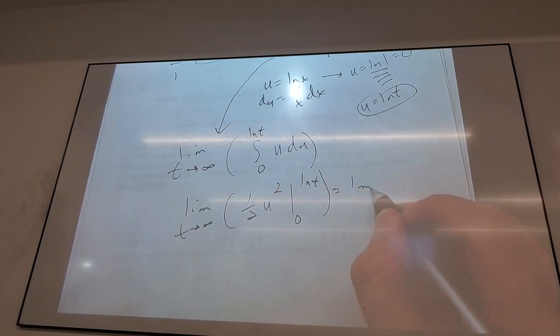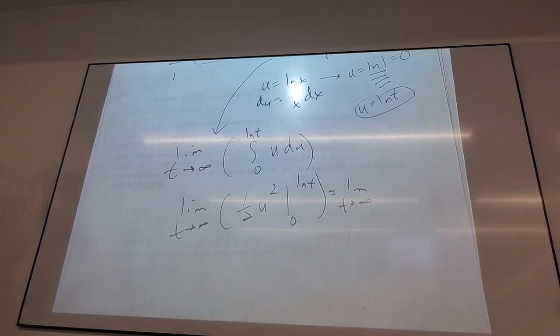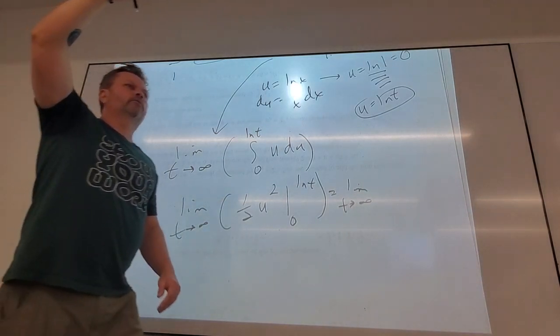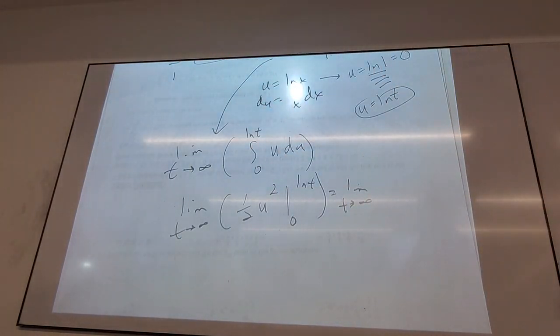Do you see how the limit's just kind of coming for the ride? So pretty much the first step is write the limit as t goes to infinity and replace infinity with t. Then you pretend like it's not there and you just do the integral. And then the last step is let t go to infinity, see what happens. Some of your answers will be infinite. More of them, I believe, should be finite.